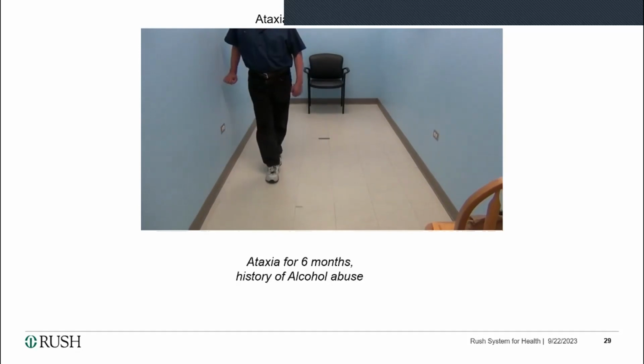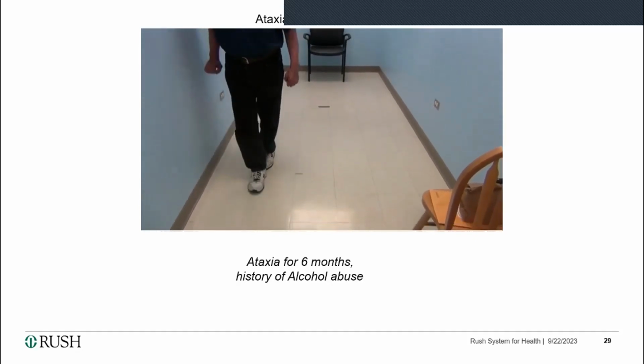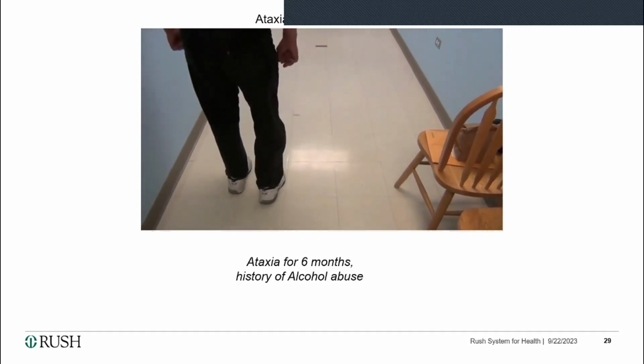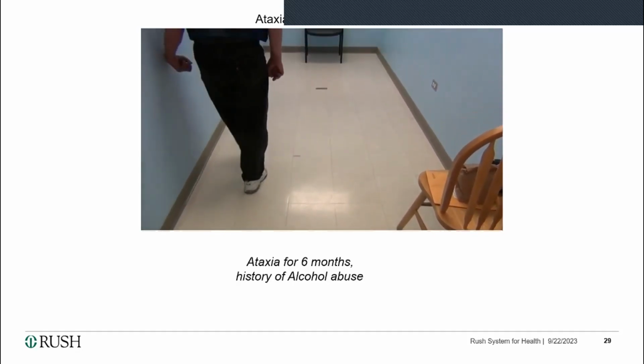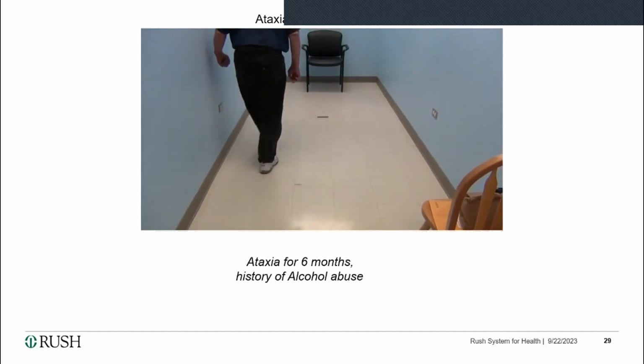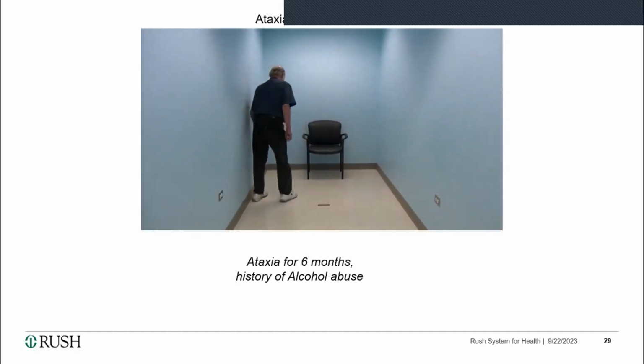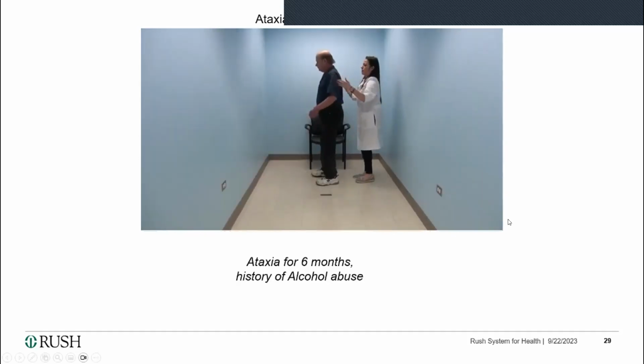You can see he's got his hands handy. Try not to. Turn around and sit down towards the chair. Go ahead. All right, that's good. First pull. Second.